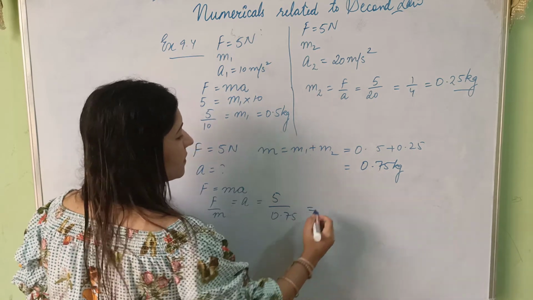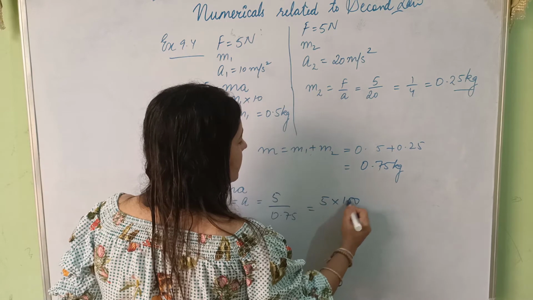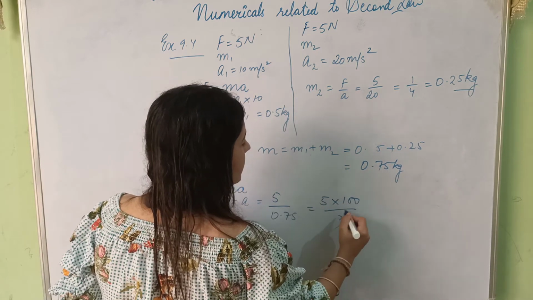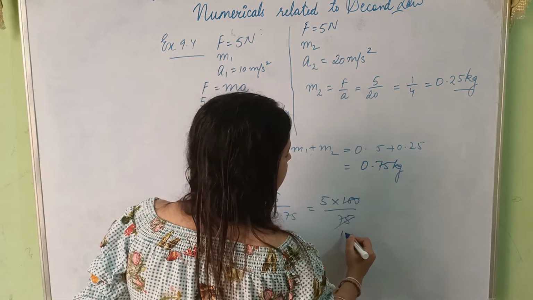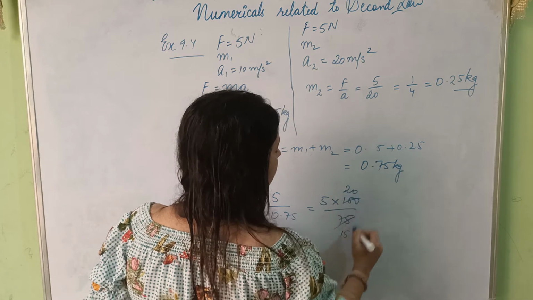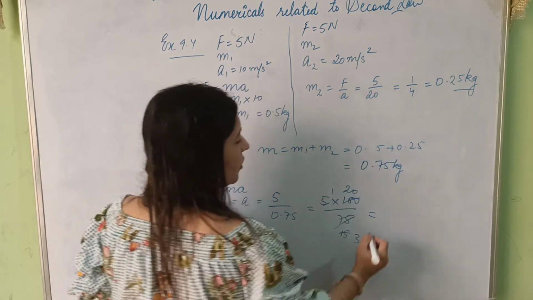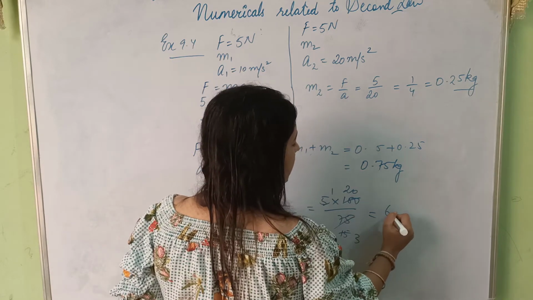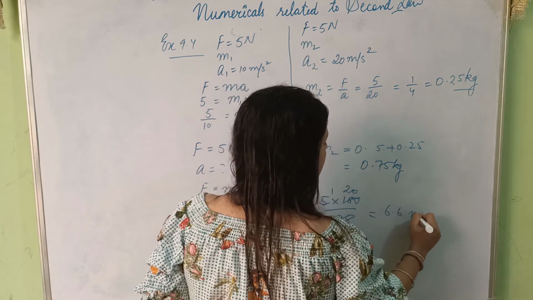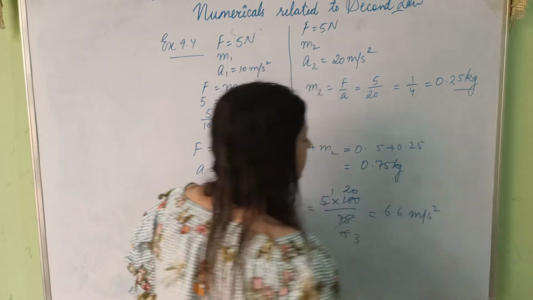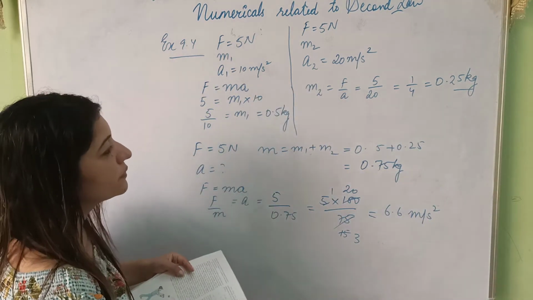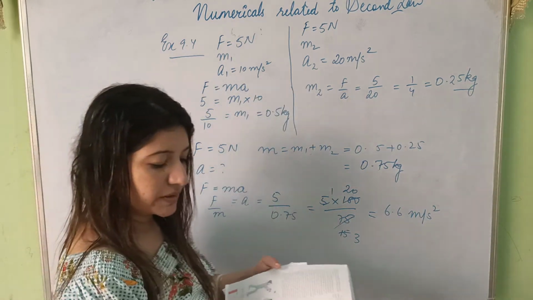Solving it out, 20 by 3 is approximately 6.6 meters per second square, since it is acceleration. Okay, I hope it is clear.